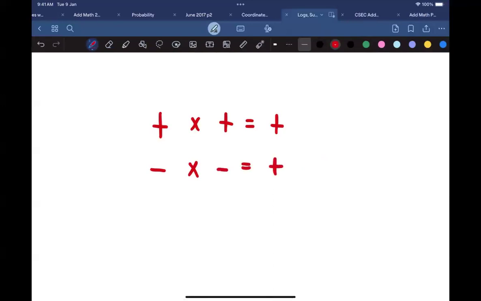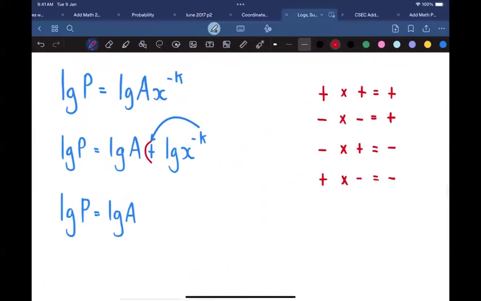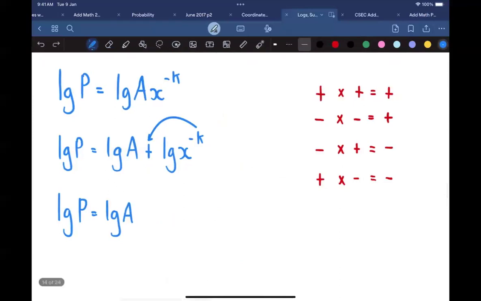And with a negative by a positive, a negative, and with a positive by a negative, a negative, right? So we have a positive by a negative, so we end up with a negative, right? So tell me what to write then. So it will be log P equals log A minus K log X.